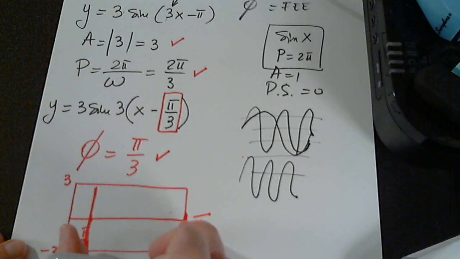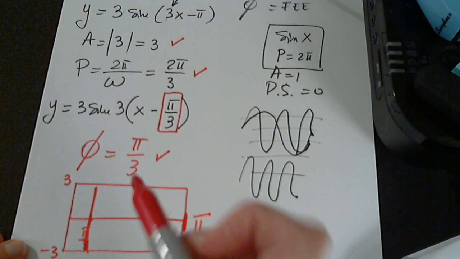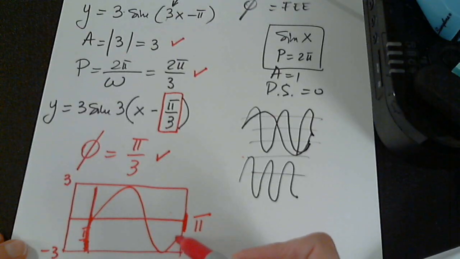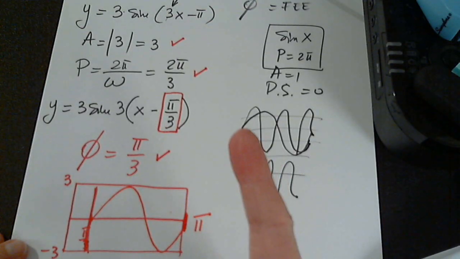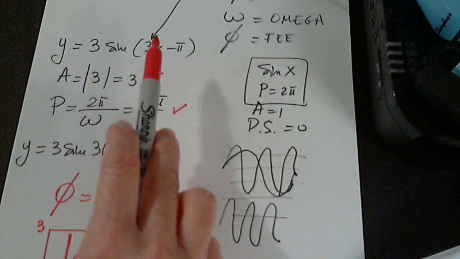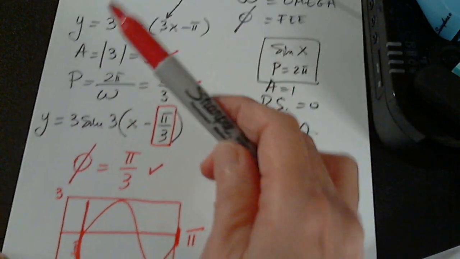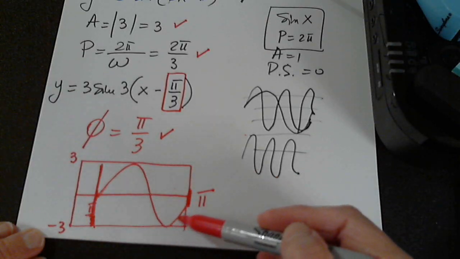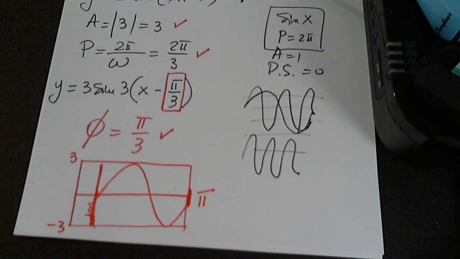So if I have the viewing window between pi over 3 and pi, I will see a complete rotation, 1 period of this function, 3 sine of 3x minus pi, going from -3 to +3, a complete sine. Let's see if that's the case.